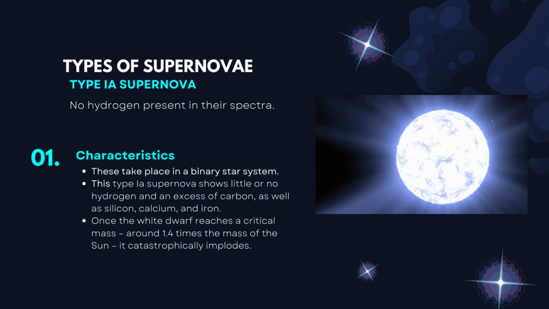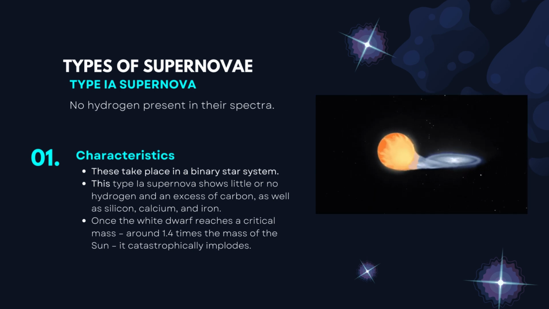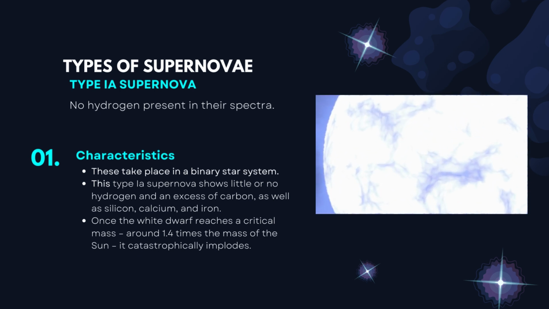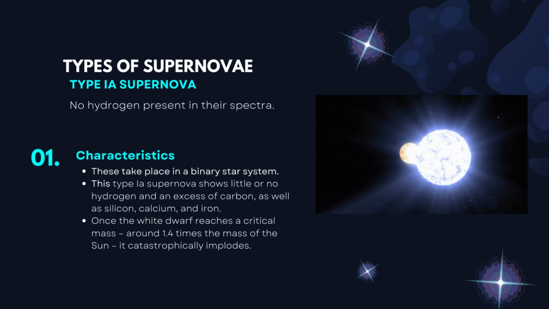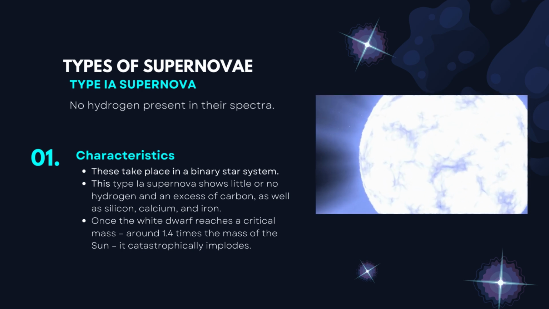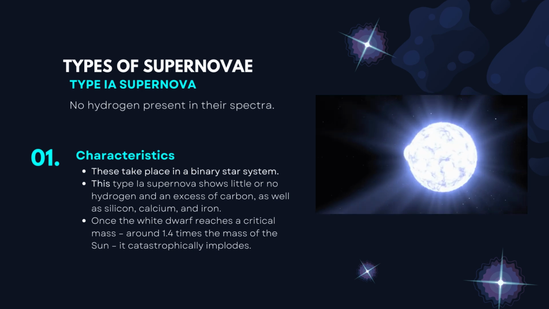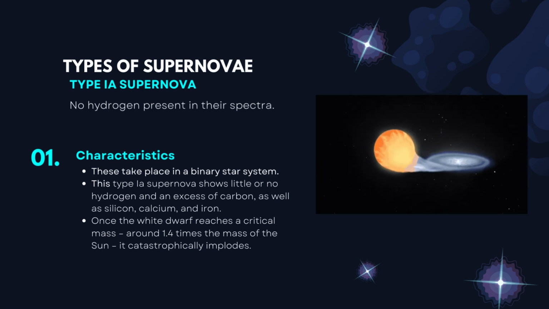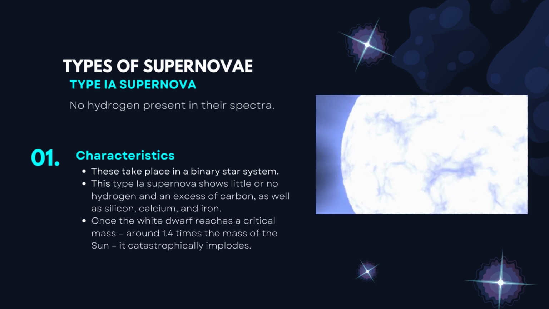This type of supernova shows little or no hydrogen and an excess of elements like carbon, silicon, calcium, and iron. Once the white dwarf reaches a critical mass of around 1.4 times the mass of the Sun, it undergoes a catastrophic implosion, leading to a powerful explosion.